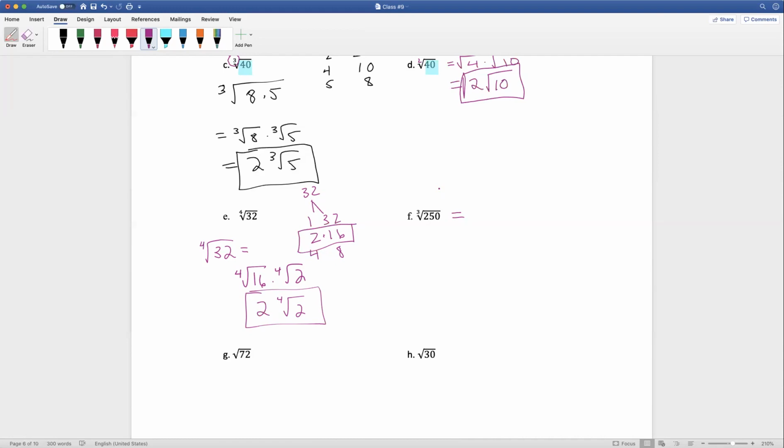So again, I'm going to start listing some factors of 250. 1 and 250, 2 and 125. 3 doesn't go into it, 4 does not go into it, 5 goes into 250. 5 and 50. 6 doesn't go, 7, 8, 9, 10 goes into it, 10 and 25. Let's see what else. 5, 2, 5, 5, that's it.